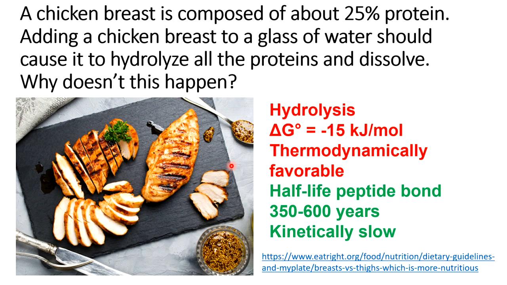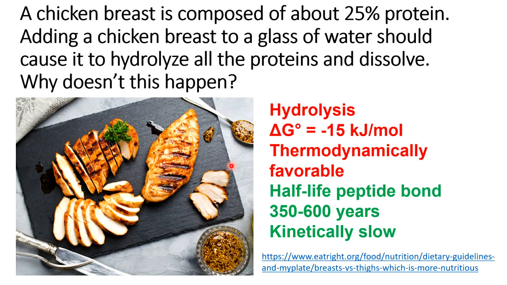So even though it's thermodynamically favorable, the kinetics are such that the half-life for peptide bond cleavage by hydrolysis is 350 to 600 years. Even though we have this thermodynamically favorable reaction, it's really, really slow, and so we don't see that within a reasonable time of observation and experiment.